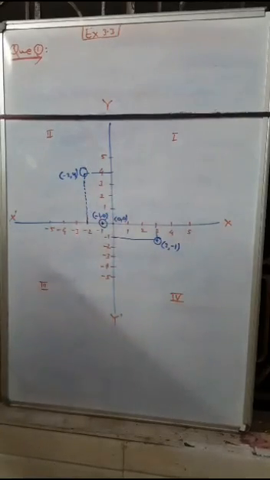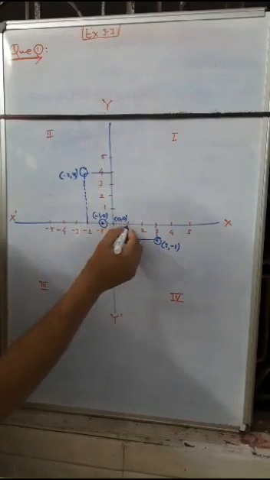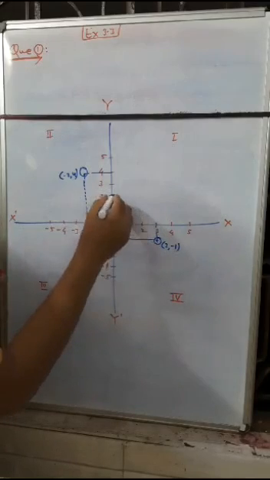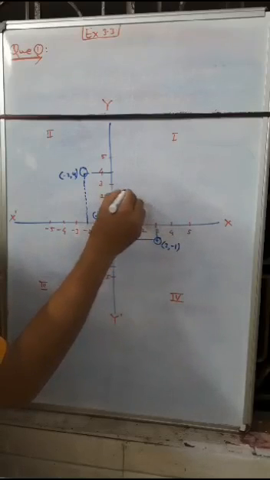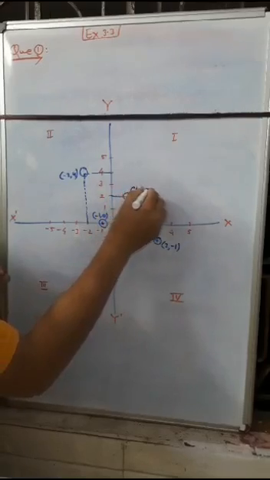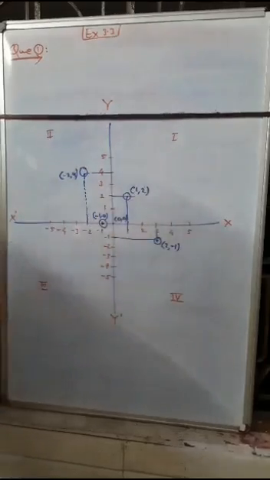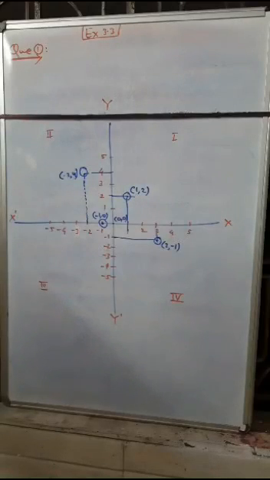Next one, (1, 2). So 1 in the positive direction of x and 2 in the positive direction of y. We get one more intersecting point. So it is called (1, 2), which is situated in the first quadrant of the Cartesian plane.